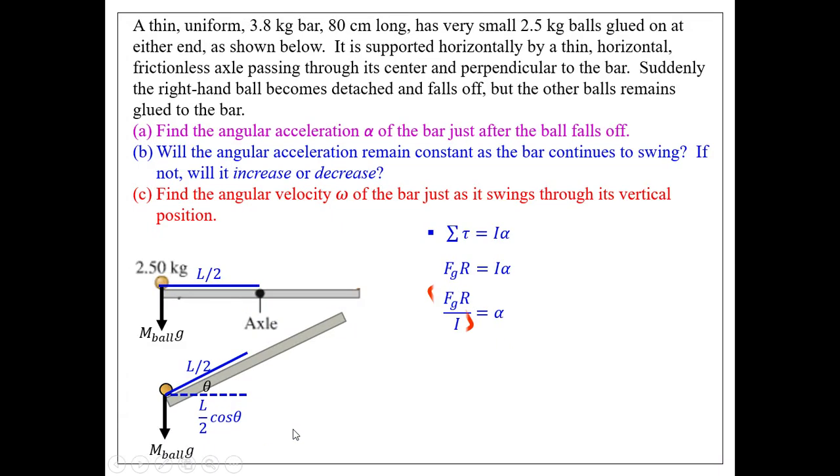Well, as you can see, I can just go ahead and box this up. F of g is just mass times gravity. That hasn't changed because the mass of the ball hasn't changed, right? g hasn't changed. The moment of inertia of the system hasn't changed because you have a rod that's spinning around an axis of rotation through the center, and the ball is still glued to the end. The only thing that's different here is the r, right?